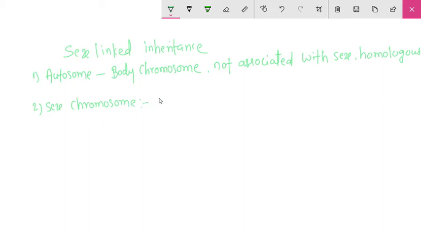The sex chromosomes are the chromosomes which are associated with the sex, and they are heteromorphous.